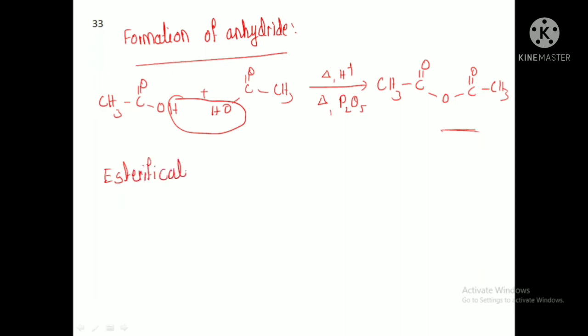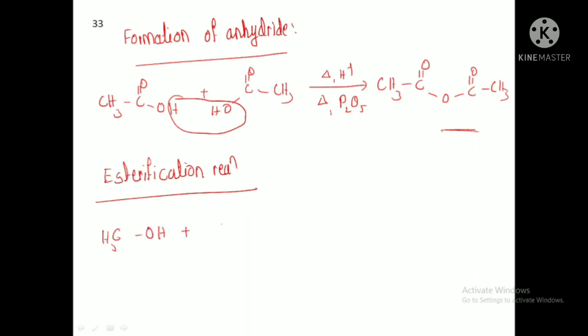Next is esterification reaction. In anhydride formation, I took two acids. You can take the same acid or different acids, both will form anhydrides only. Now in esterification reaction, I will take one alcohol and one acid. I will take CH3OH, methanol.